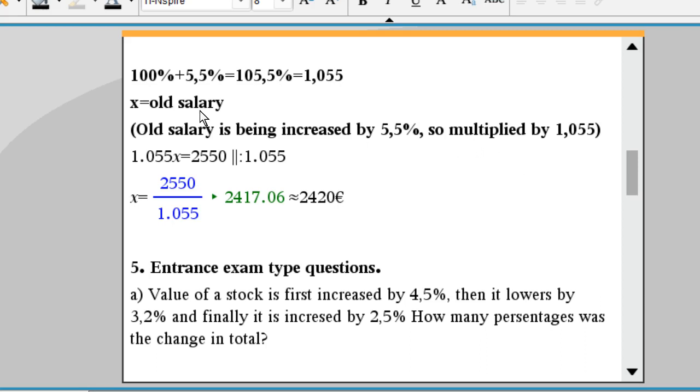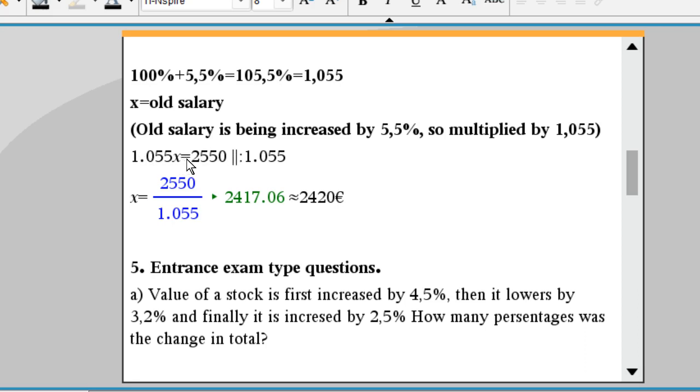X is marked as the old salary, and because the old salary was increased by 5.5%, we multiply the old salary X with 1.055, and we get the new salary.